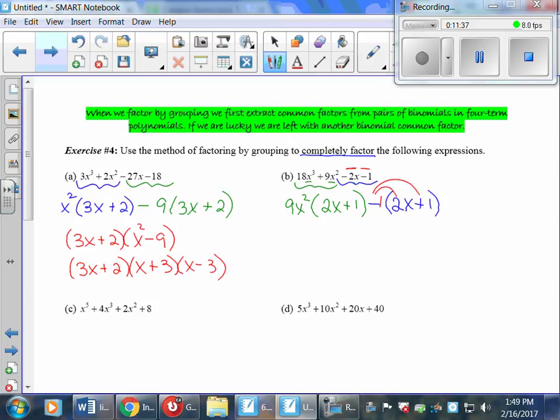All right, so now factor out that 2x plus 1. It doesn't always have to be first. You can put it second. And then we have 9x squared minus 1 left over. And again, we have one more step we can take because 9x squared minus 1 is a DOPS, the difference of perfect squares, which will result in conjugate pairs. So 3x plus 1 and 3x minus 1.